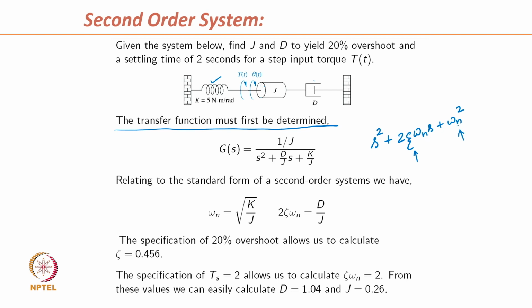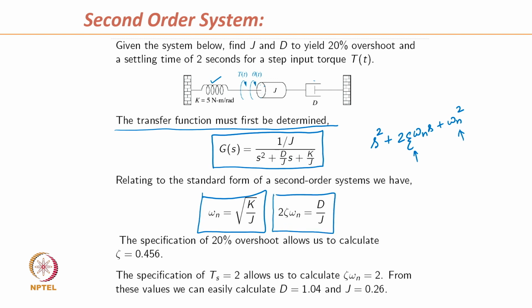From that we can calculate omega n and zeta, and from the transfer function which we develop for this mechanical system, we compare and get omega n equal to under root K upon J, and 2 zeta omega n equal to D upon J. We know the values of omega n and zeta, so we can calculate the values of K and J, which are the system parameters.